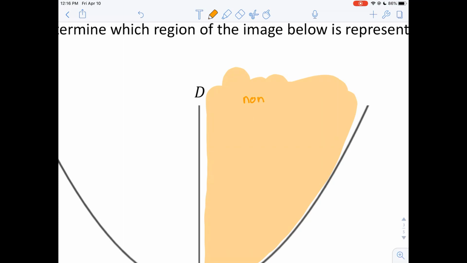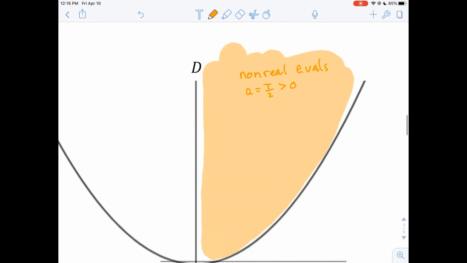Let's write that a little bit better. Non-real eigenvalues. Evals is just short for eigenvalues. And we also have the trace is positive. And since A is equal to the trace divided by 2, using the quadratic formula, since the trace is positive, we know A is positive, meaning that we're going to be working with some spiral sources.